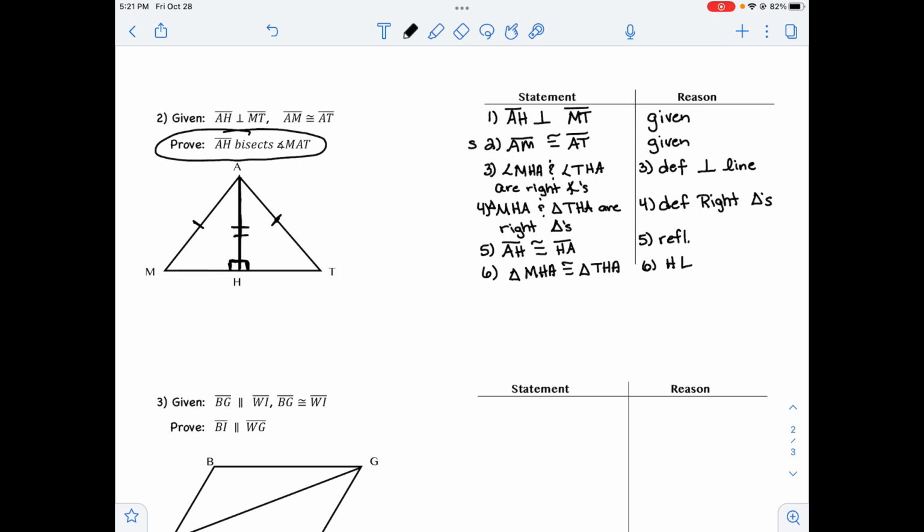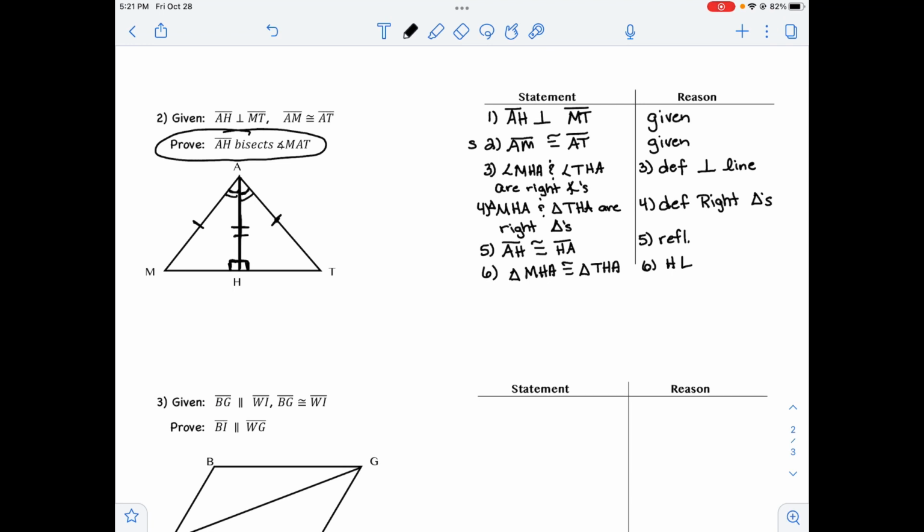We know that to prove an angle congruent to an angle, we have to prove corresponding parts. And then we have some other things that we have to do to be able to prove the bisecting. So we have talked a little bit about some other angles, but we haven't talked about all the angles. So we don't have anything to do with the MAH. So up here, between here and between here, we don't have anything there. I'll put two little marks there.